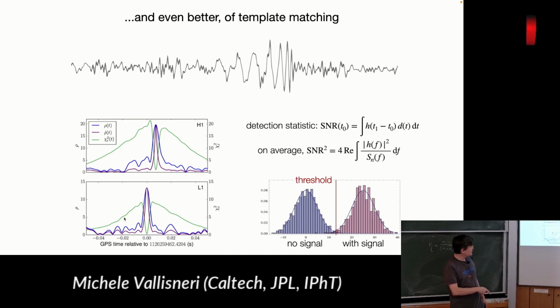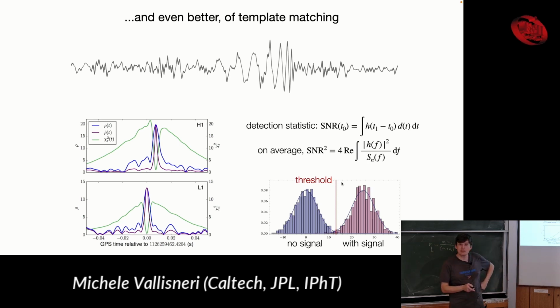When I do have a signal, I'm going to get a value that has a mean that's positive, also with some spread. Then I take a level that I get very rarely, say once every year, when there's no signal, and take that as a threshold. If I get more than that, I can say that there's a signal there with a false alarm probability of less than 1 over a year. Okay, so that's the basic scheme.